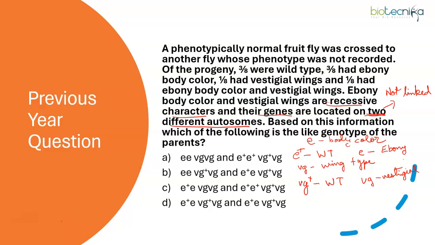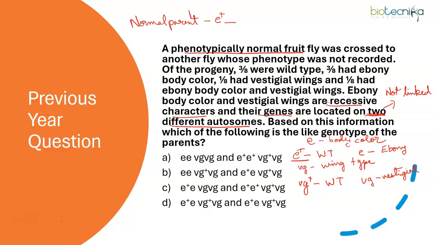Now let's write down the information that we have about one of the parents. It is said that one parent is phenotypically normal. So the normal parent's genotype, what will it be? It will be wild type for body color as well as wing type. Wild type body color means it will have at least one E plus allele. The other allele we will keep blank because this blank can be taken up with E or E plus.